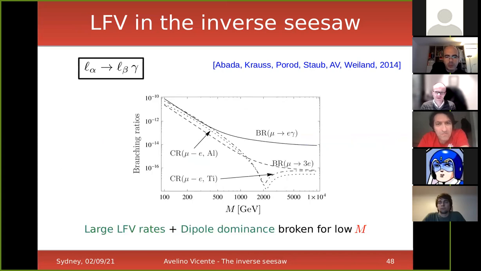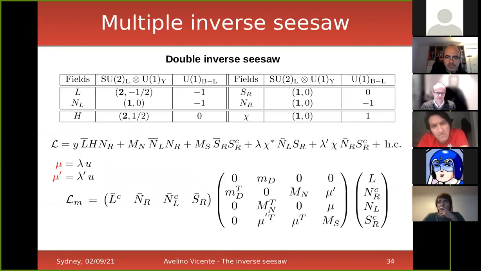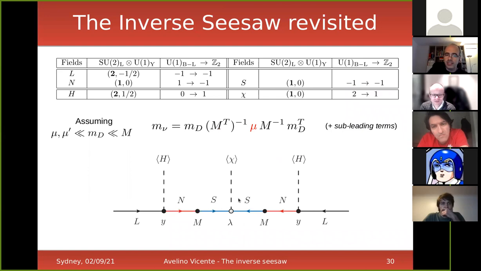So due to the fact, let me go back a little bit. Okay, well, I don't have formulas to support this, but when you calculate the eigenvalues of this matrix for the light neutrinos, you get this formula here, the inverse seesaw formula that you have seen 1,000 times in my talk. But you can also calculate the masses of the heavy fermions.